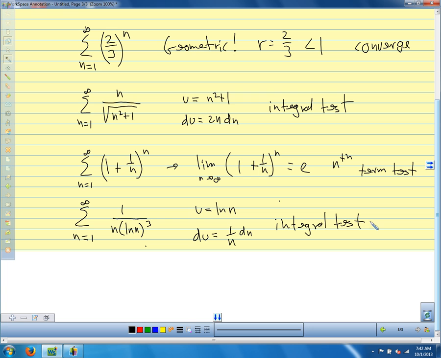So part of what we're doing is collecting a toolbox of ways of determining if series converge or diverge. This is a lot like techniques of integration, where we're learning to recognize patterns, and we see something and it looks familiar.